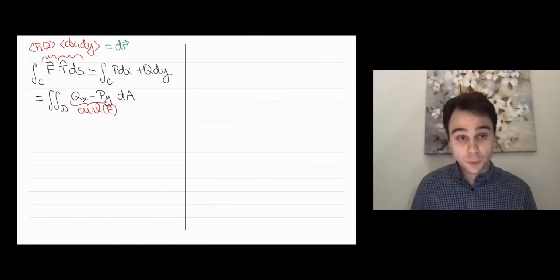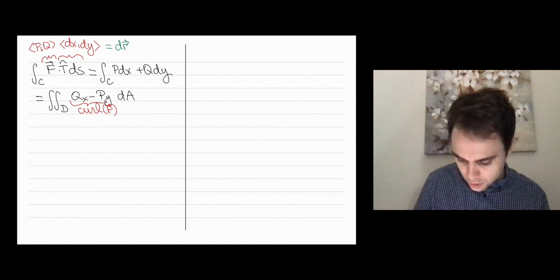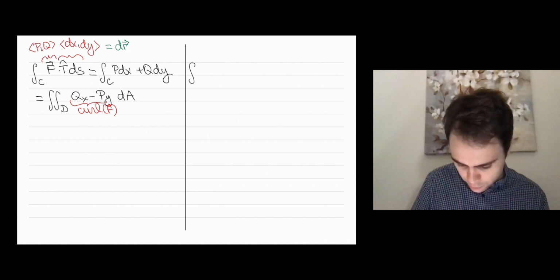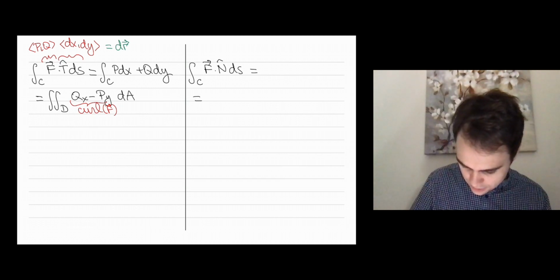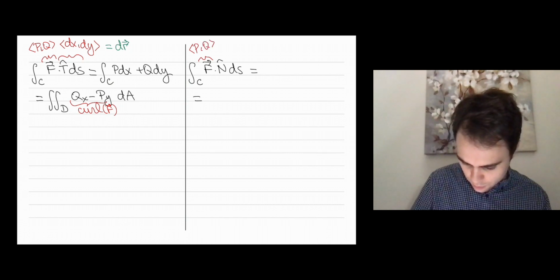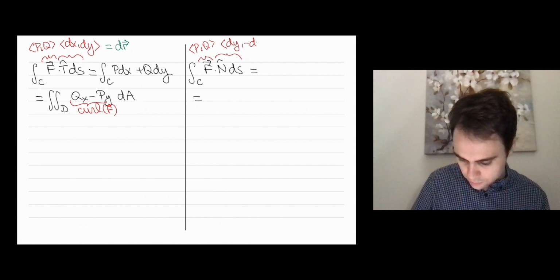Now let's look at the other one, the version with divergence: the integral over C of F dot the unit normal n times ds. F, as before, has components P and Q, and n times ds is just dy comma minus dx.